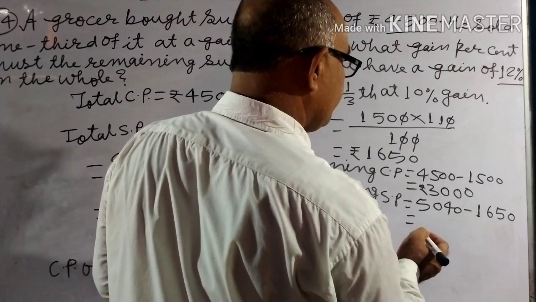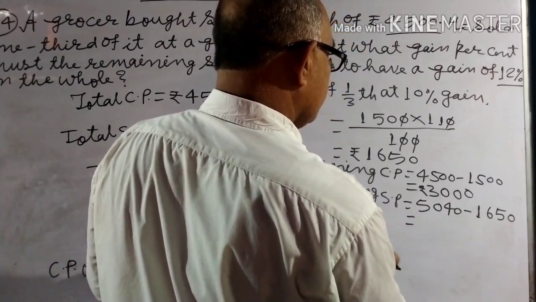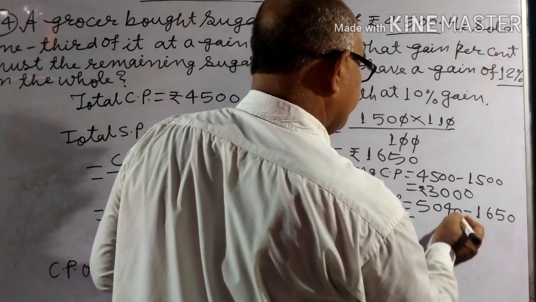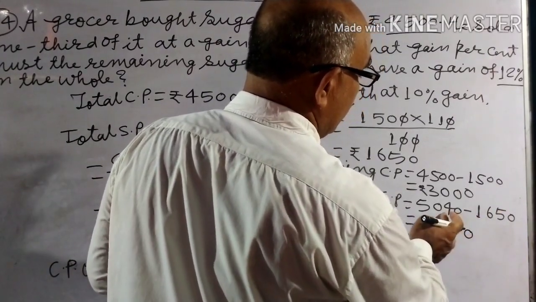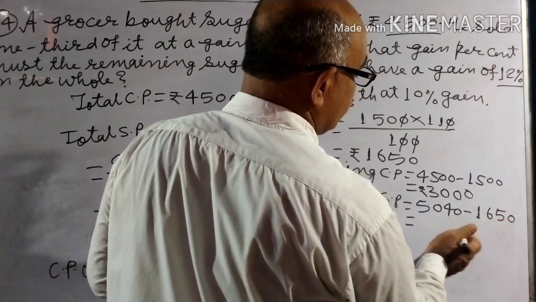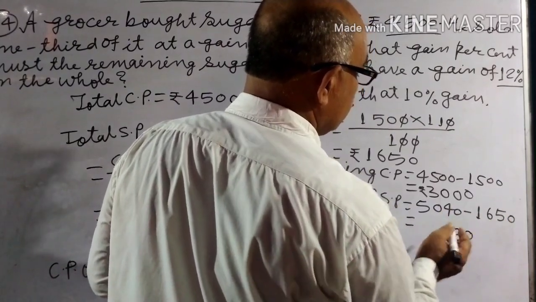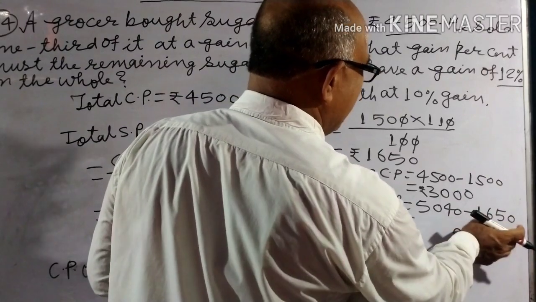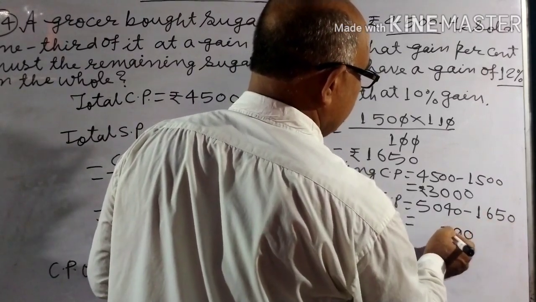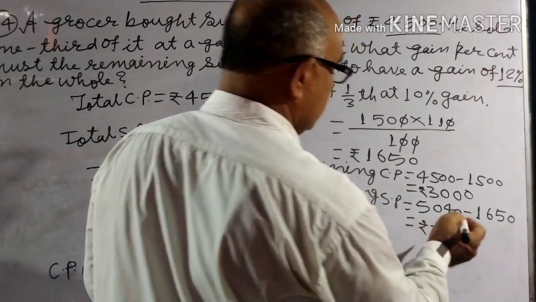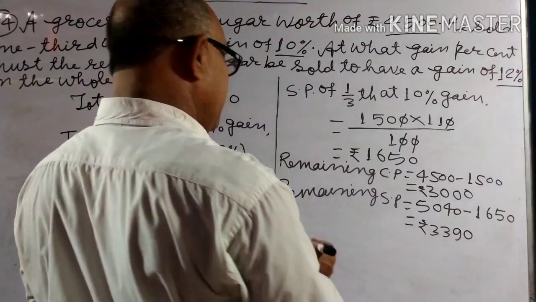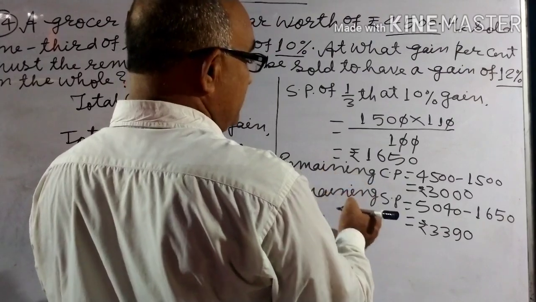Subtract: 0 minus 0, 0, 14 minus 5, 9, and 9 minus 6, 3, 4 minus 1, 3, rupees 3,390. Remaining CP, remaining SP.